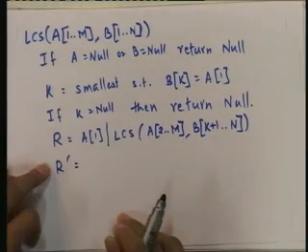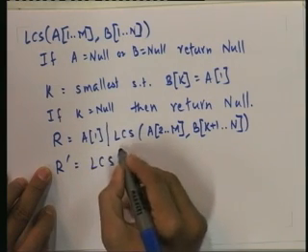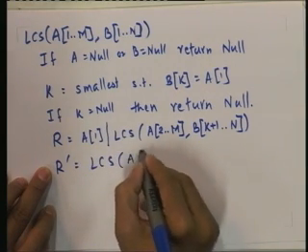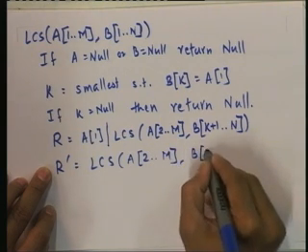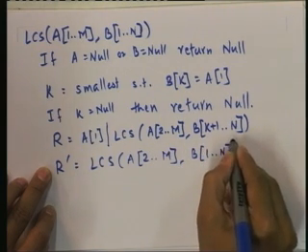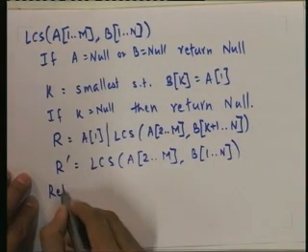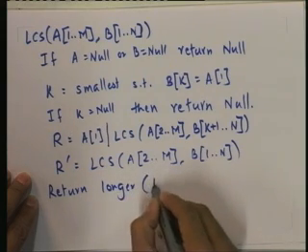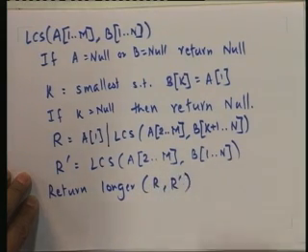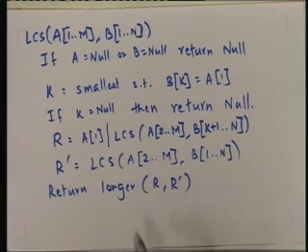Now, this time we are searching S2, so that is LCS of a of 2 through m and b of 1 through n. And then we will return the longer of r and r prime. We will get r and r prime explicitly, compute their lengths, and return the longer of the two.